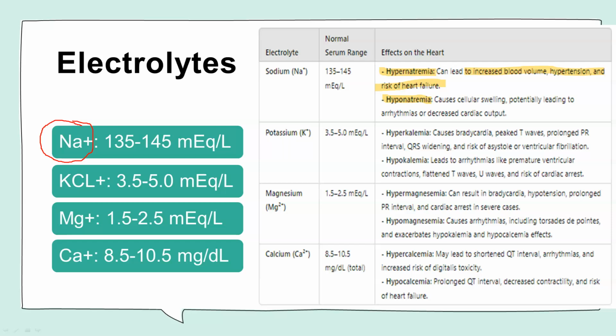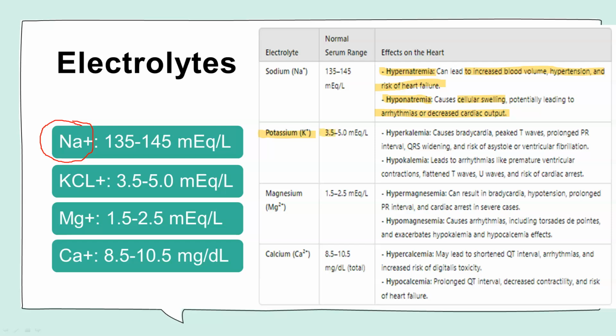With hyponatremia, you can have cellular swelling, which could lead to rupture, which would change your potassium serum levels. But the big one is arrhythmias and decreased cardiac output. So we can see, top one, hyper, I have increased blood pressure, increased blood volume, and increased risk for heart failure. Hypo, I have the issue with arrhythmias and decreased cardiac output. So it's high and low.